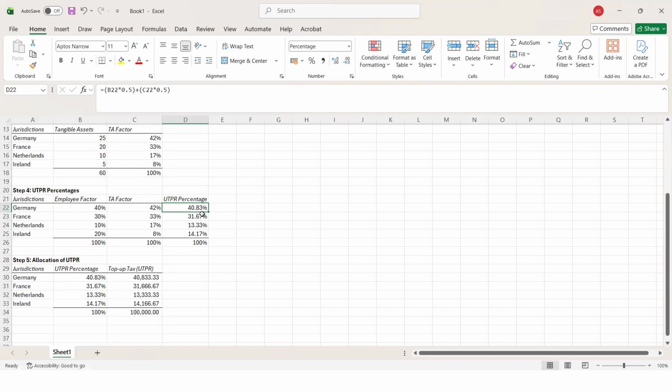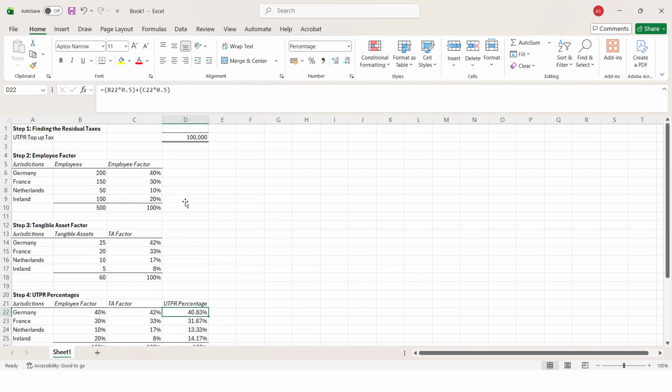Now let's understand if Germany is having a loss. Even if you deny a deduction and all, still it does not come into the tax bracket. So Germany from that constituent entity cannot get that tax back, right? That means almost 40% of the untaxed UTPR top up tax is not coming into taxation again.